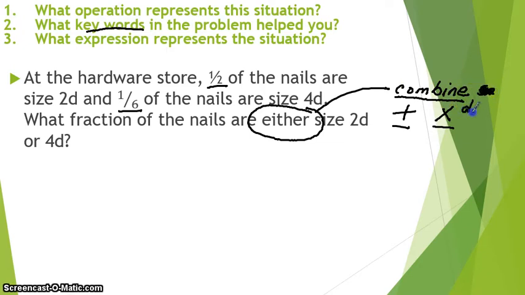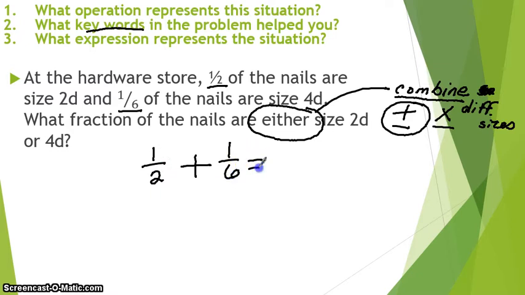So we're combining different sizes. And when we combine different sizes, that is addition. So we want to add 1/2 and 1/6, and that would tell us how much of the nails are either size 2D or 4D. How much they are in all.